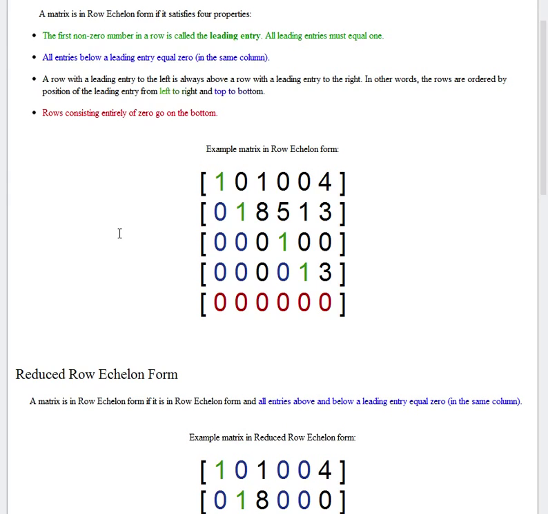The second requirement is that all entries below one of the leading entries are equal to 0. That means going down the column, whenever you have a leading 1, everything below it is 0. The leading entries are colored in green, and the entries below them are colored in blue.